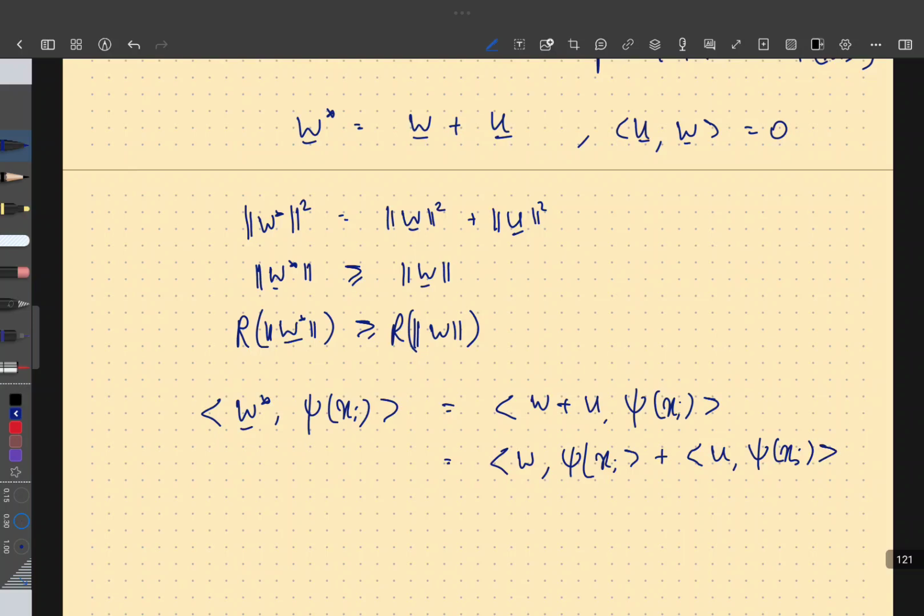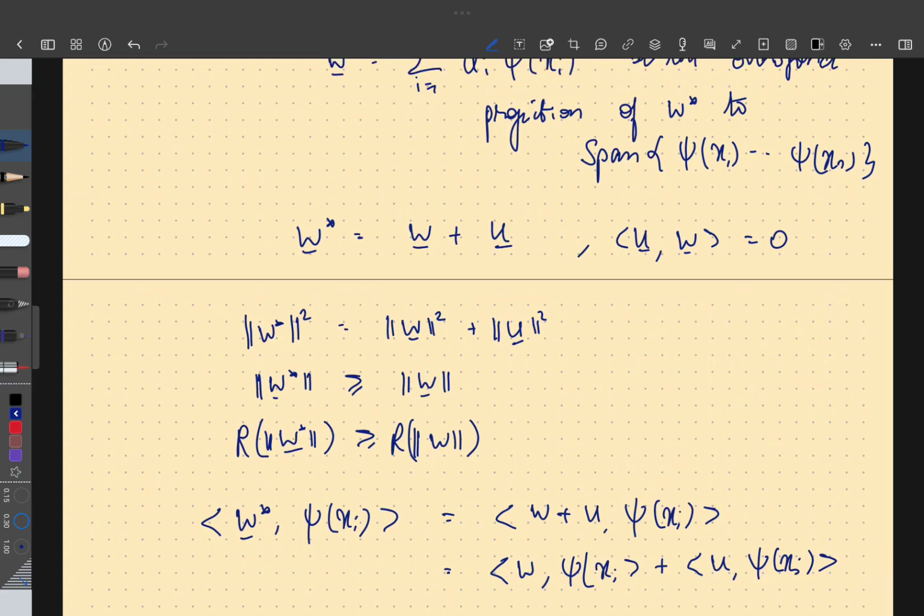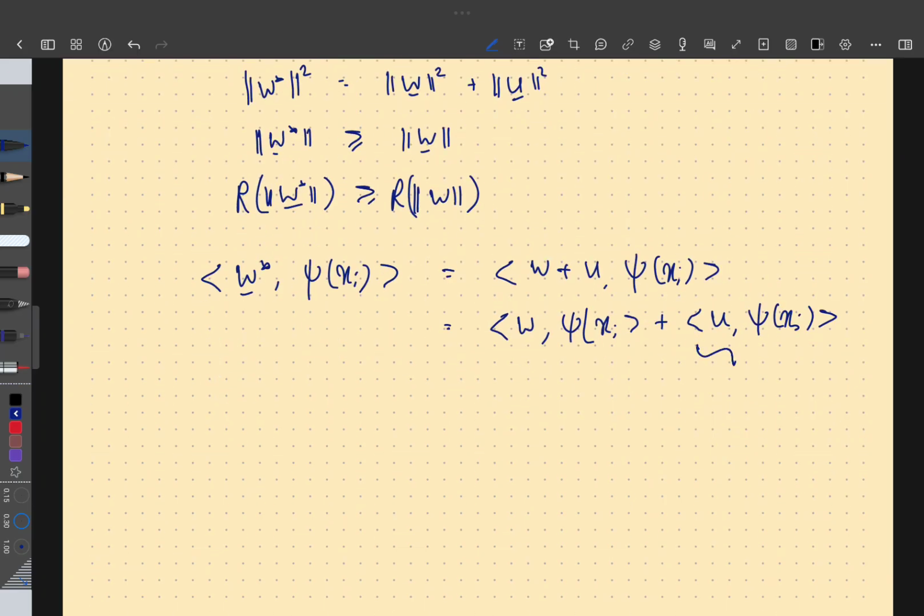But what can you say about the second term? By definition, what is u? Yeah, u lies in the orthogonal complement of the span of psi of x1 through psi of xn. So the inner product between u and any psi of xi should be equal to 0. So this is equal to the inner product between W and psi of xi.